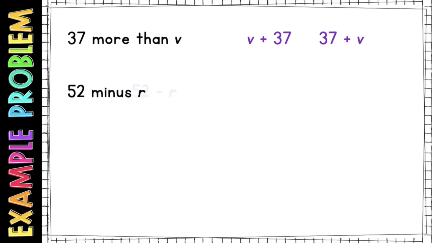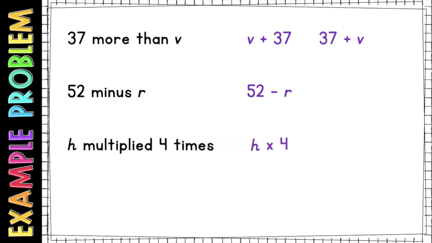If I want to write 52 minus r, I would just need the number 52, the operator symbol for subtraction, and then the variable r. h multiplied 4 times could be written as h times 4, 4 times h with a dot, or just 4h. Remember, a number and a variable squished next to each other means that they are being multiplied.